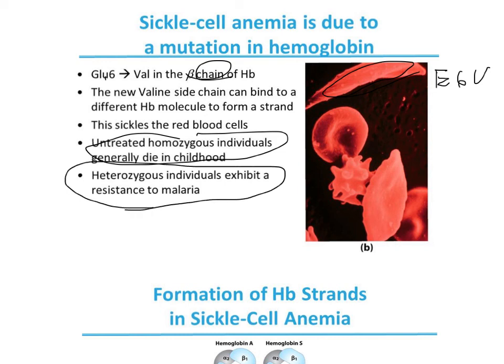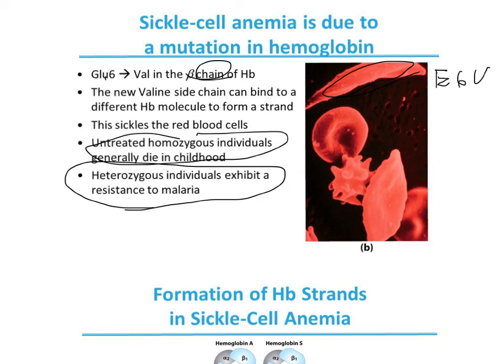When you're heterozygous, one allele is producing the mutation with the sickle cell, and the other allele is not. And so what you get is sort of a hybrid. I guess in some ways it's like incomplete dominance.